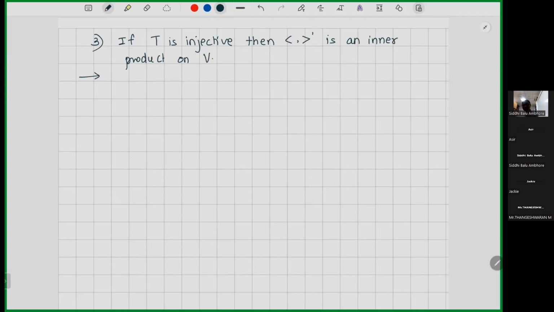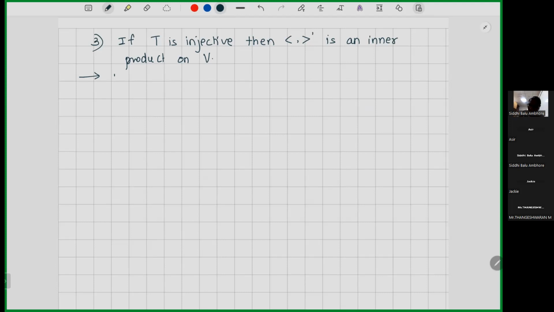So let us start proving all the conditions. Initially our guess is that it would hold, because x goes to 0 is okay, but non-zero x goes to a non-zero element when T is injective, right? We have proved this long back in our tutorial.